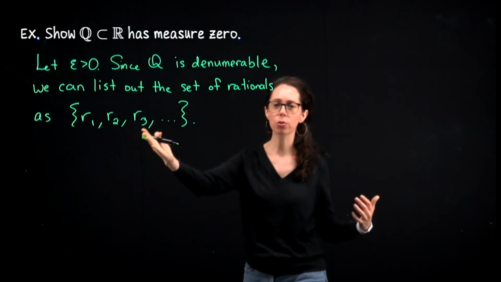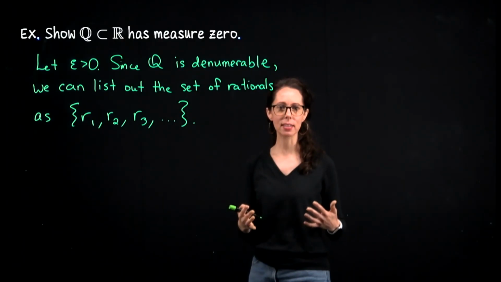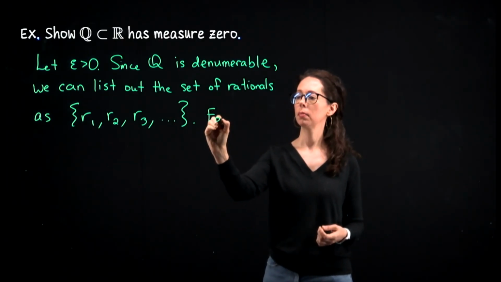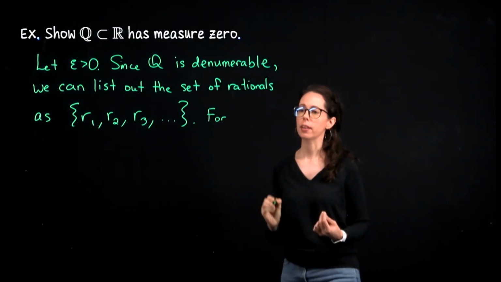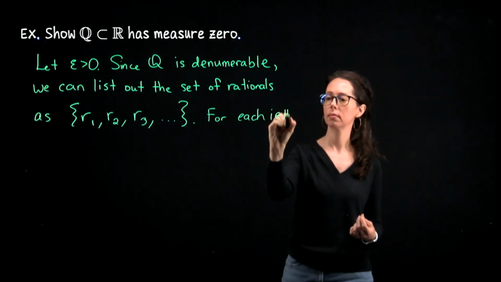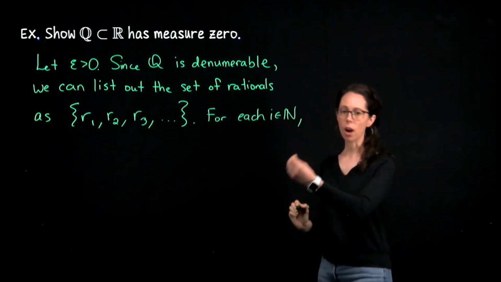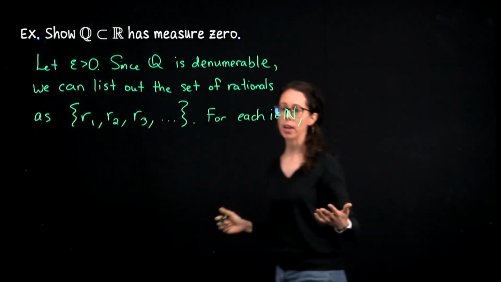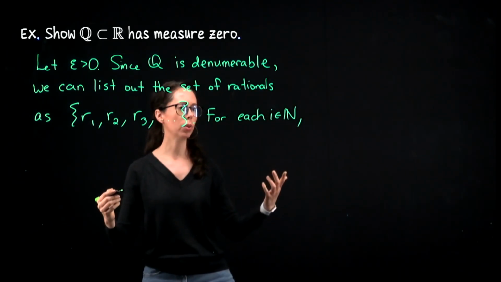Okay, and then that gives us a way to talk about specific elements. I'm going to take each rational number and manually place it inside of a subinterval on R. For each I in the set of natural numbers, enclose r sub i, the ith rational number on our list of rational numbers, in some subinterval, and I'm going to give you a form for it.